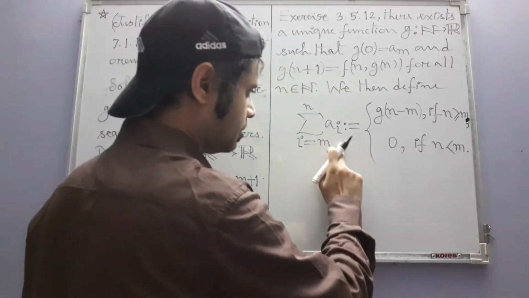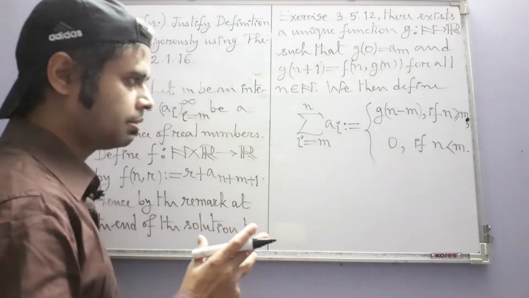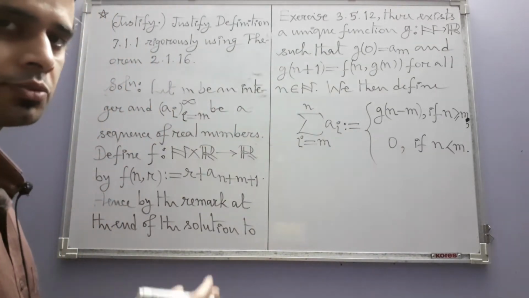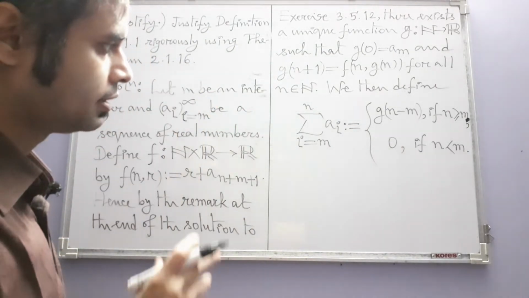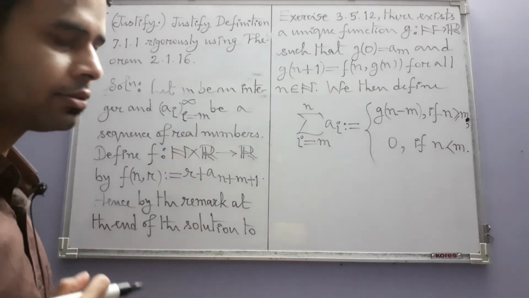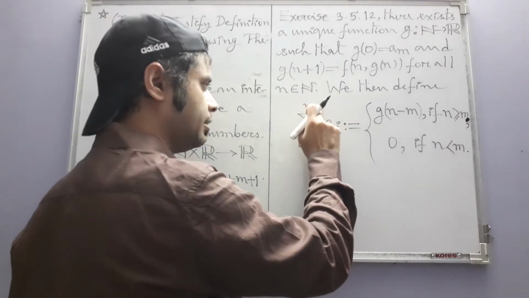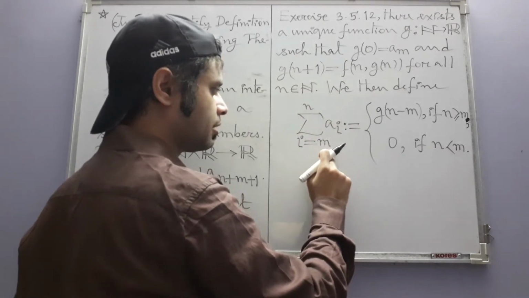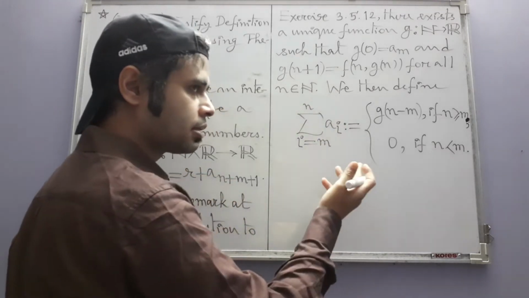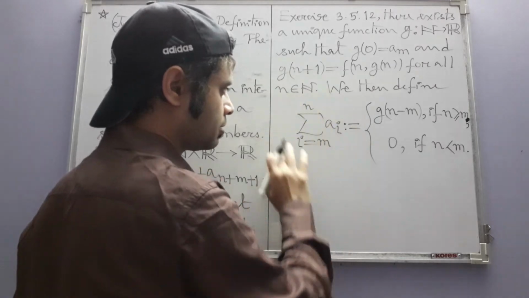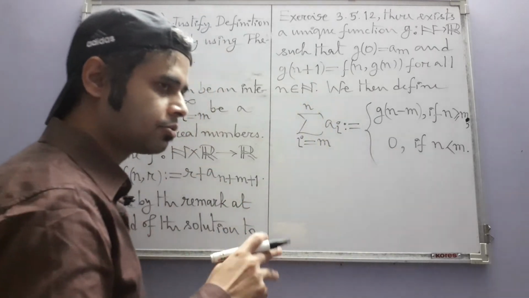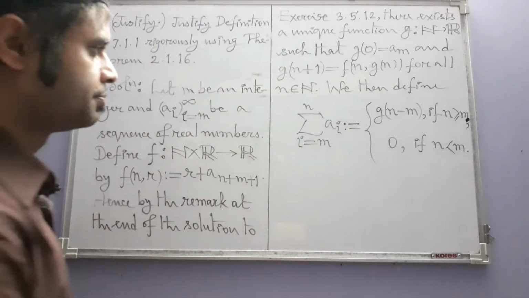Now this second part of the definition already matches with whatever we previously had in our original definition 7.1.1. That is because if this upper integer n is strictly less than the lower integer m, where things are starting, then the series is defined to have the sum 0.